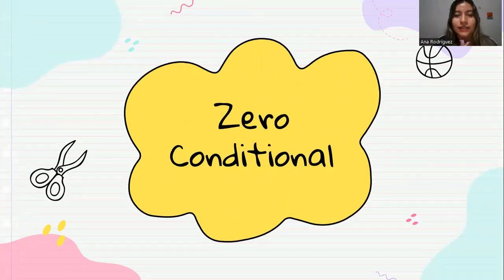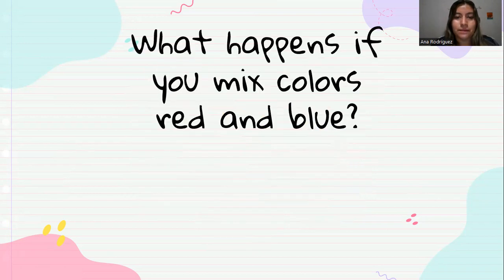Hi everyone, today we are going to study zero conditional. So to understand the zero conditional, we are going to look at this. What happens if you mix colors red and blue?